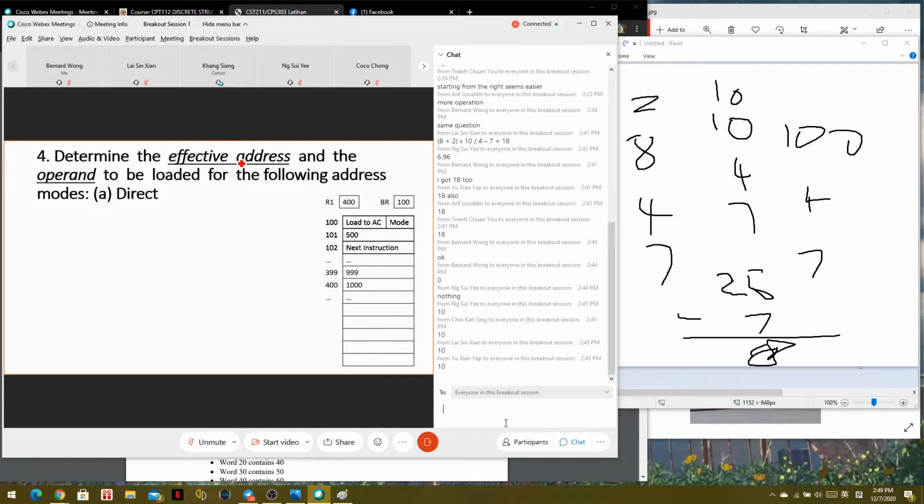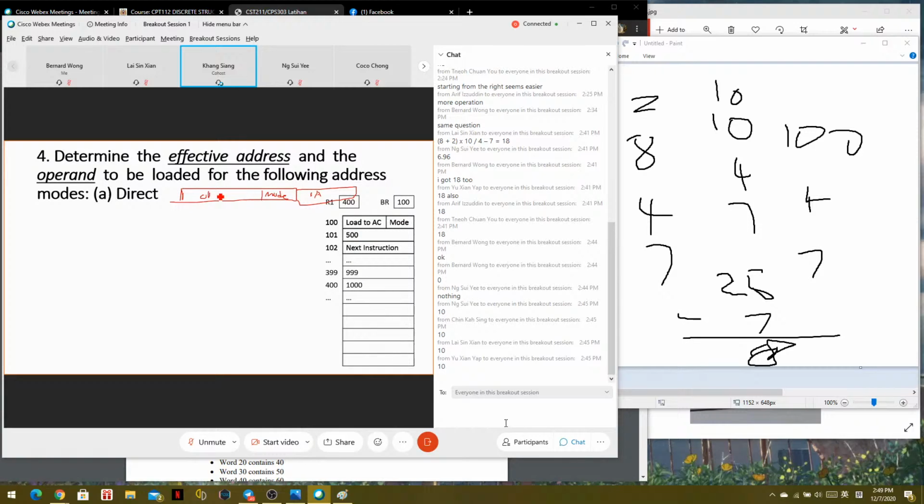Of course, for the effective address, always remember, if you remember your operation mode, and then you have your address field here. This is the instruction.